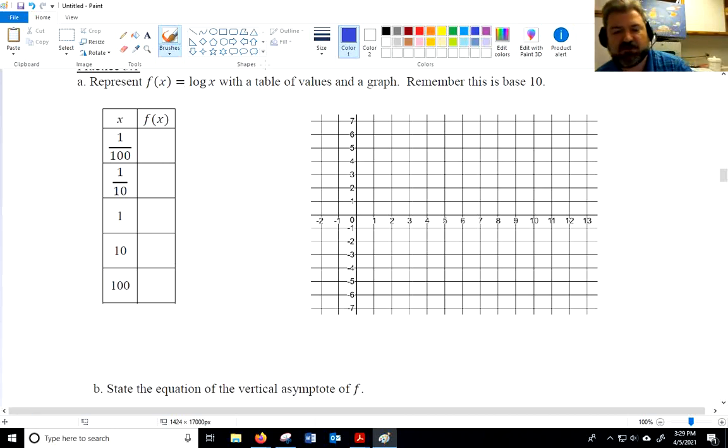So remember that log, when it doesn't say the base, is base 10. So the log of 1 over 100 is negative 2. This is negative 1, 0, 1, and 2. So the log base 10 is a very sharp turn. Very sharp. See, at negative 2 on the y, we're already down here at 1/100th.